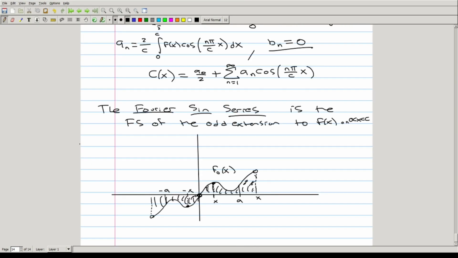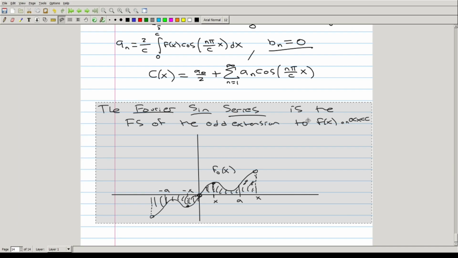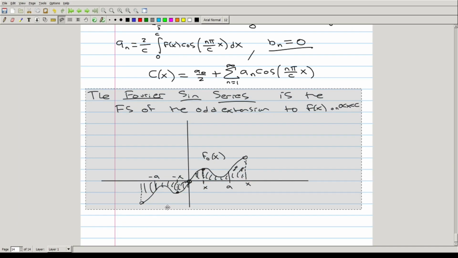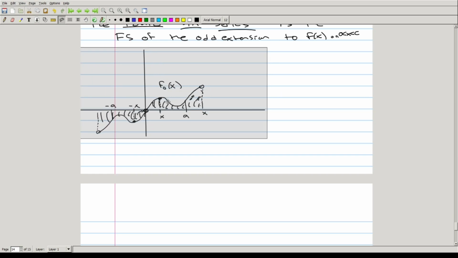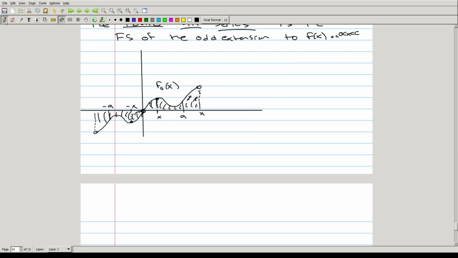Likewise, for the Fourier sine series, we have a slightly simpler series. We still get a repetition when we calculate this Fourier series, so the periodic function.